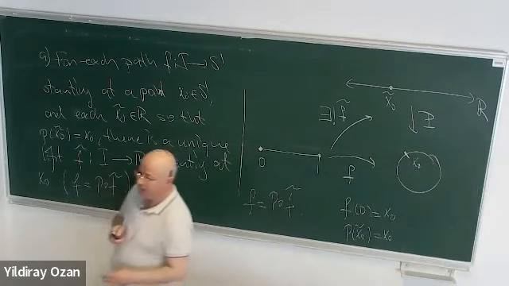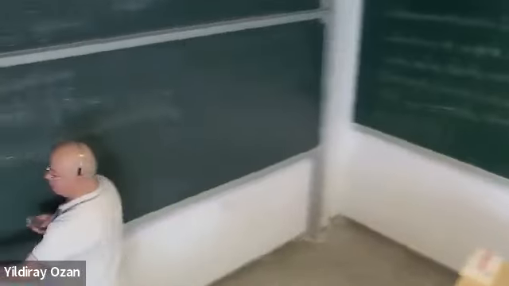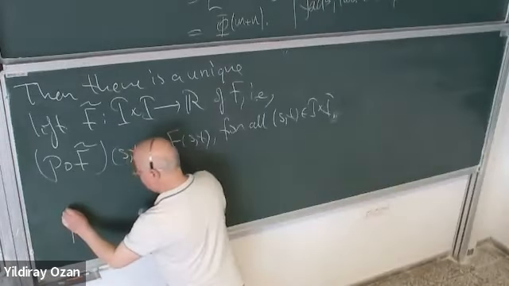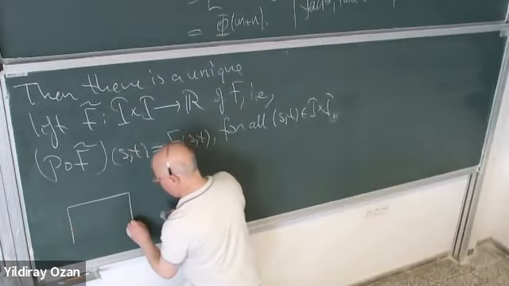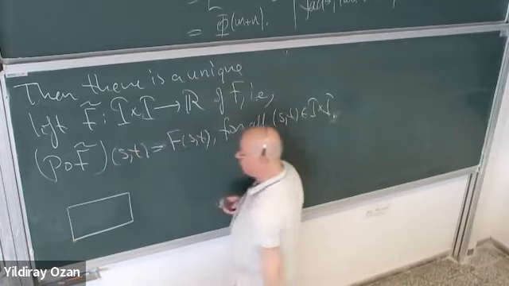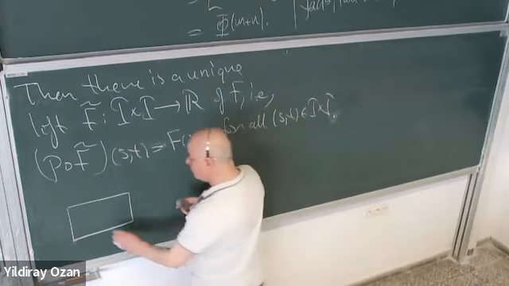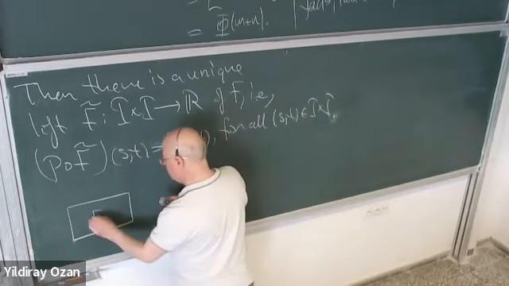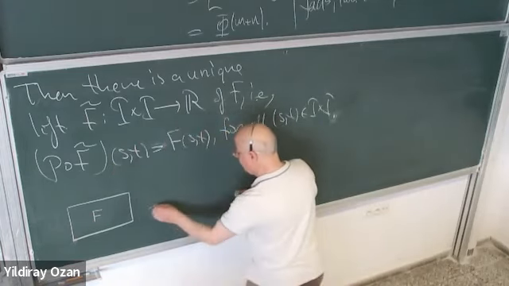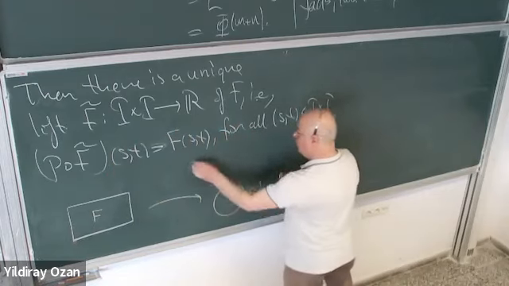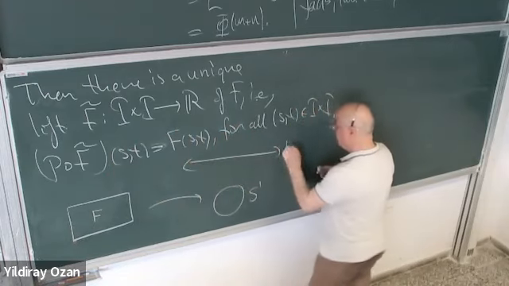And here we have the same picture. So here I have F, and it maps to the circle, and then here I have the real line.